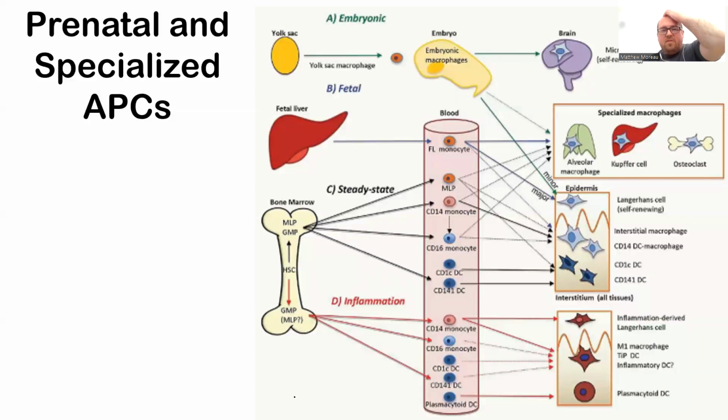Macrophages are found throughout the entire body, and there are very different kinds of macrophages, specialized in different kinds of spaces. We spend a lot of time talking about microglia, which are the macrophages that exist in the brain, and they play a big role in regulating a lot of immunological cascades in the brain.